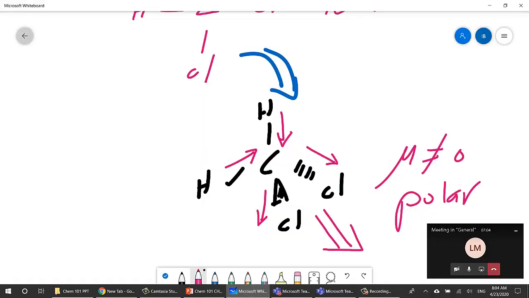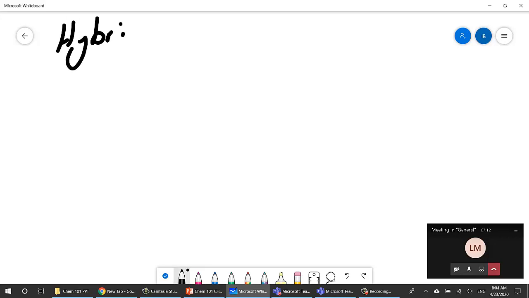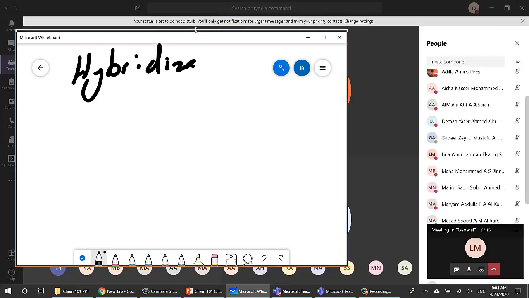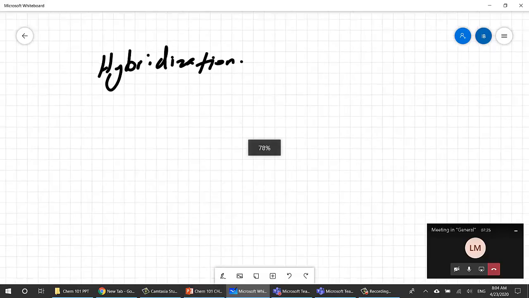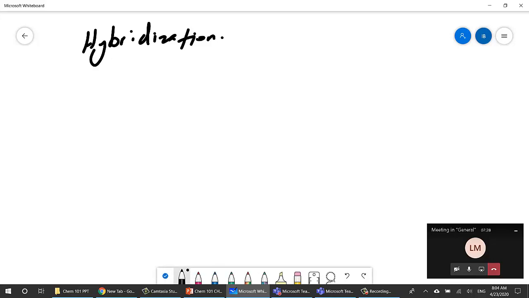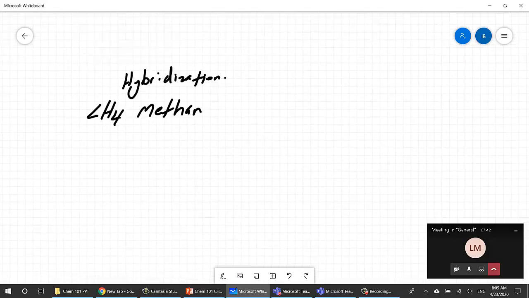Now, let's start with hybridization. I'll tell you what's going on here with hybridization. Okay, let's take a simple molecule like CH4, which is methane, and try to think, what are these bonds between the carbon and the hydrogen?